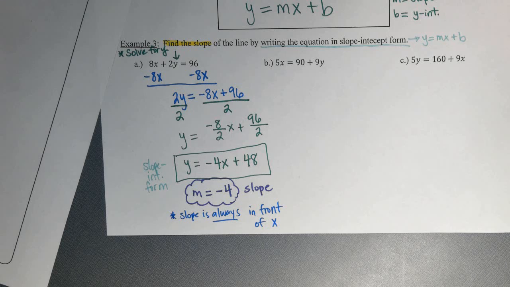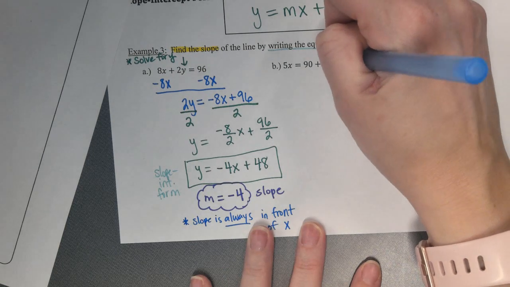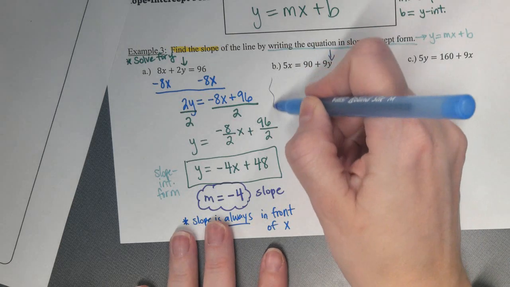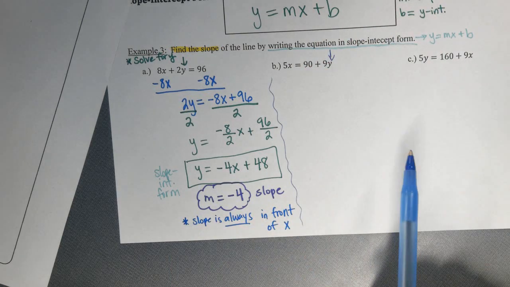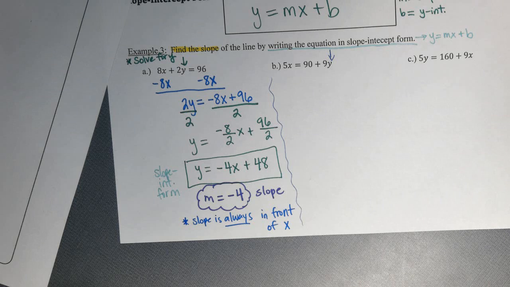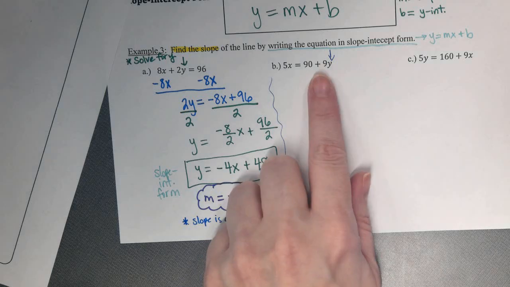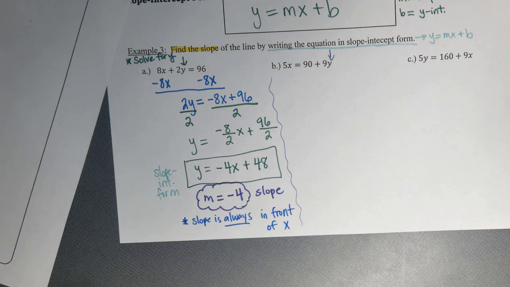For part B, again, we need to solve for y. If we're going to solve for y, what's something that we have to move over to the other side? Good, we have to move the 90 over. Can you guys move that across the line properly and write out what it's going to be? I'm going to give you a minute to do that.